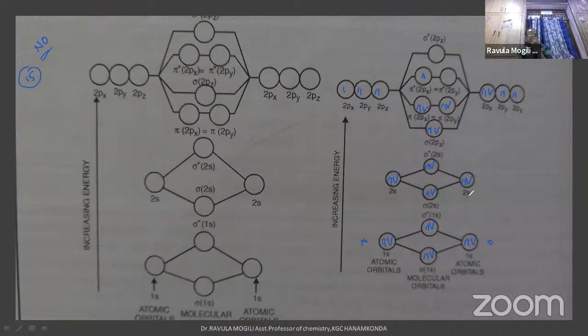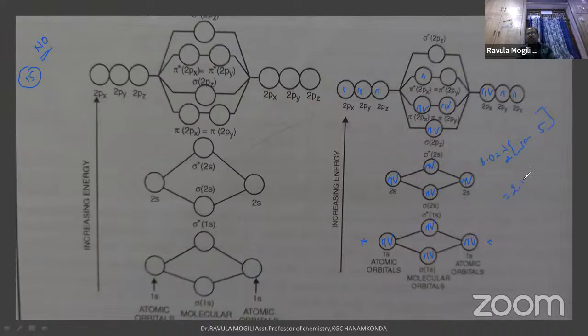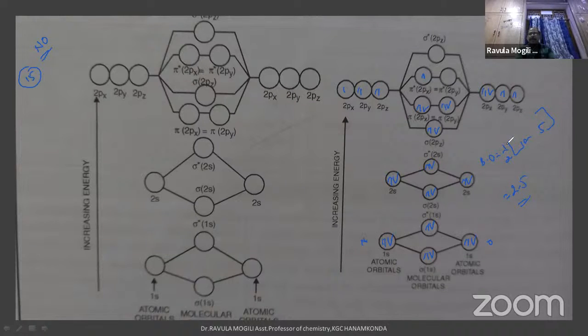Bond order is 10 minus 5, that is 5/2, 2.5. Paramagnetic, so bond order is 2.5.